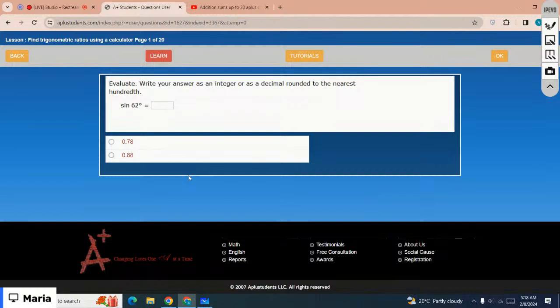You can use your calculator and tell me the answers. Yes, the correct option is 0.88. Option number 2 is the correct option. Got it?